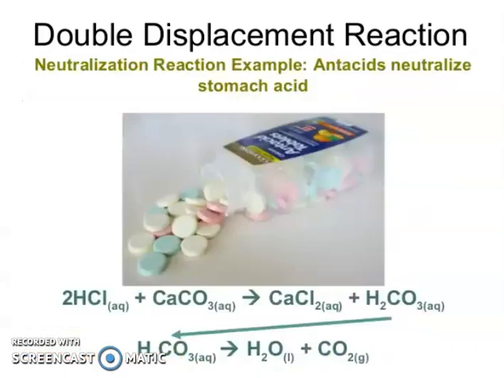Double displacement neutralization reactions. Example: antacid neutralizes stomach acid. So HCl reacts with calcium carbonate, it gives calcium chloride and carbonic acid. And carbonic acid gives water and carbon dioxide.